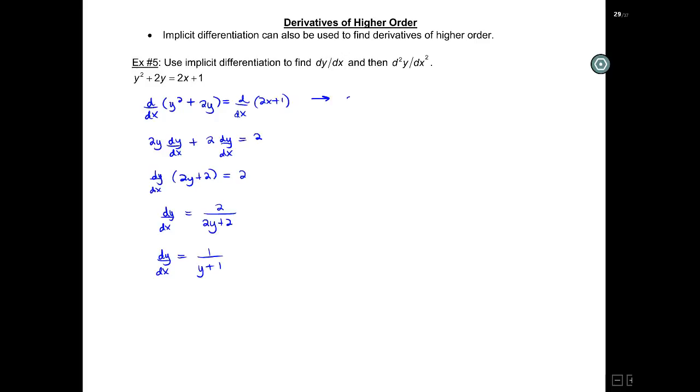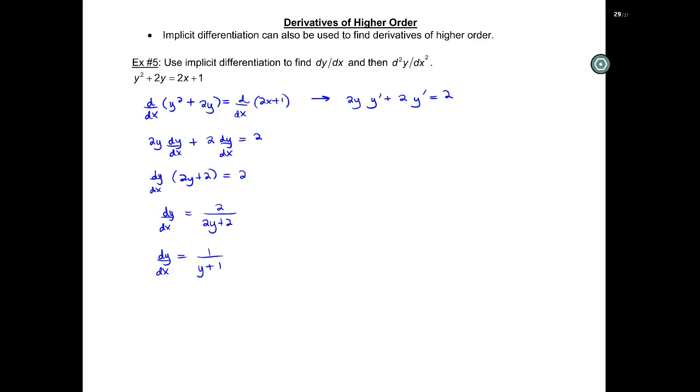Another way to look at this is 2y y prime plus 2 y prime equals 2. Remember, y prime is the same thing as dy/dx. The reason I write dy/dx is that when we get to chapter 4, you don't have that option anymore. It has to be like d something dt. So if you prefer to write y prime and then switch it to dy/dx at the end, that's fine.